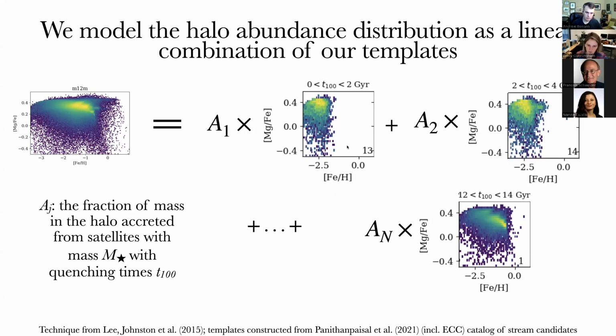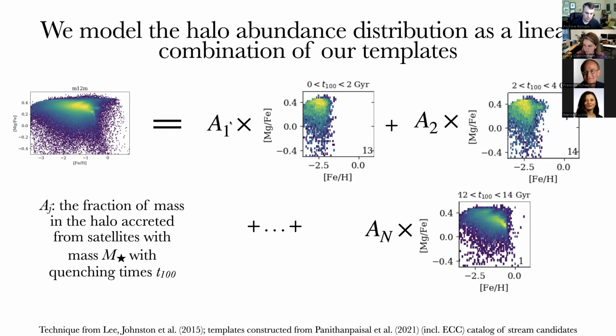So if we have our empirical templates, we can just solve for the coefficients that correspond to each template and then infer the mass spectrum of accreted dwarfs and the quenching time distribution for the accreted dwarfs.